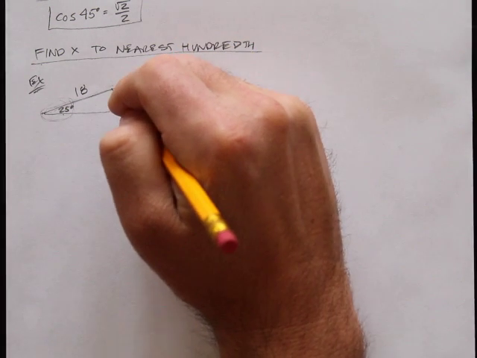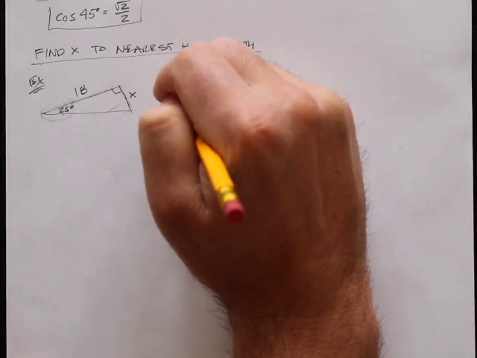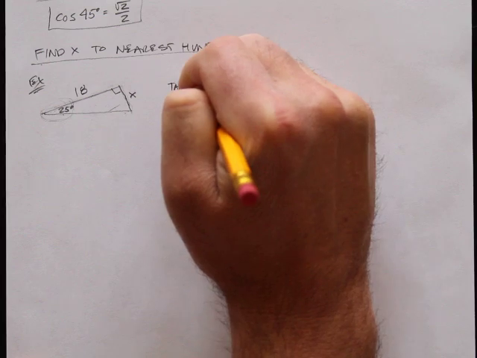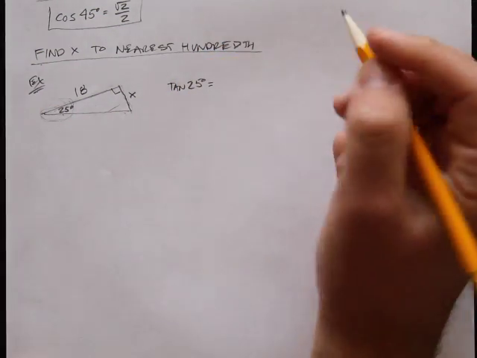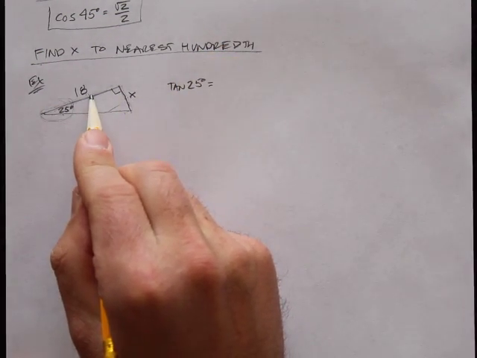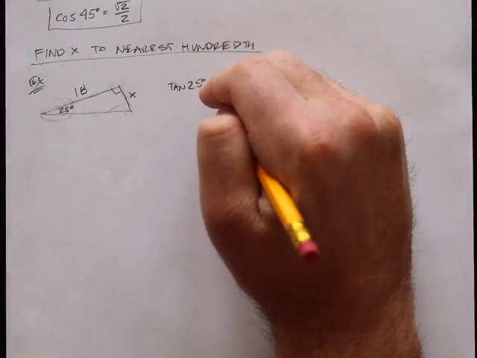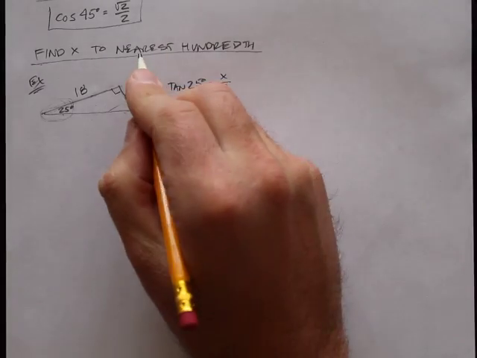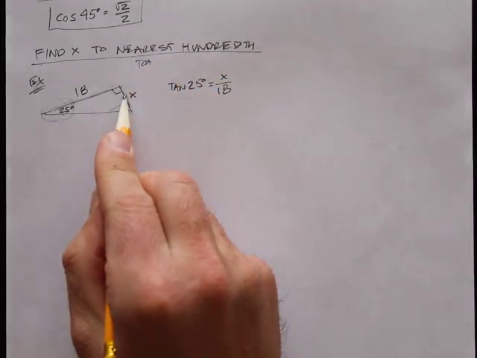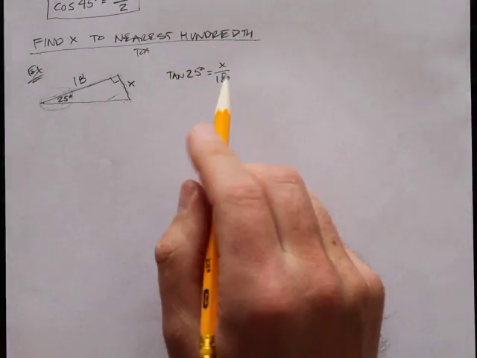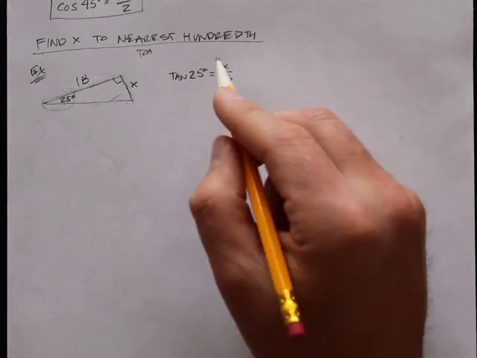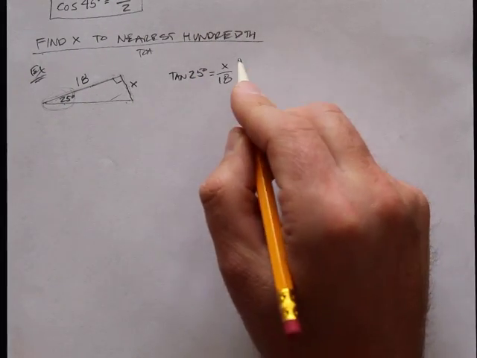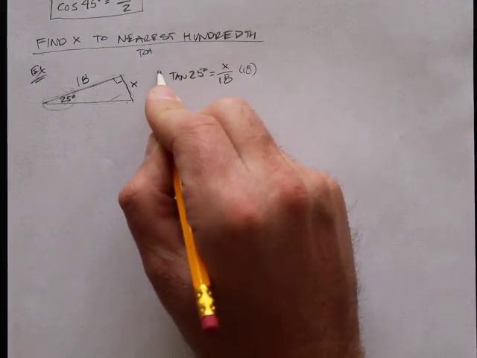So what I do here is I say tangent of 25 degrees equals opposite over adjacent. Opposite is x, adjacent is 18. So TOA, remember, opposite over adjacent. So now I can solve for x. And the way that I do that is I need to get this x by itself. So I'm going to multiply both sides by 18.